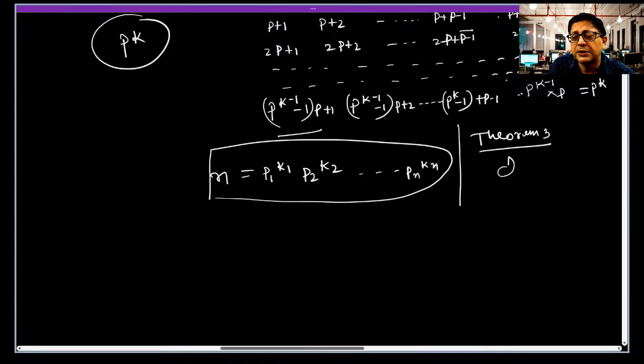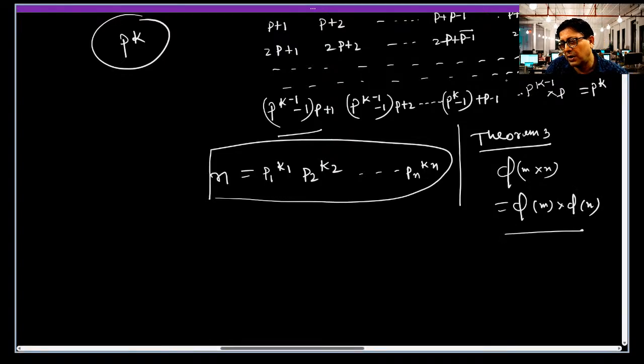That is phi of m into n will be phi m into phi n. Actually, proving will interrupt our progress for Olympiad sums. But you have to understand all these things by many examples, so that you can confidently apply this.